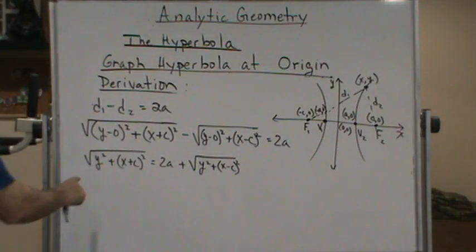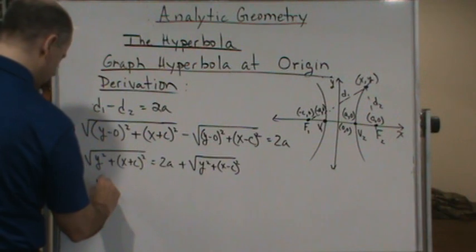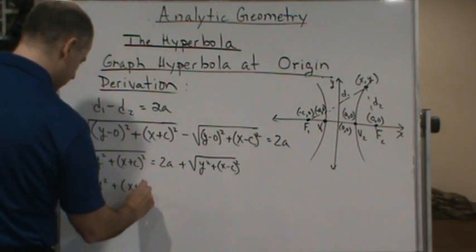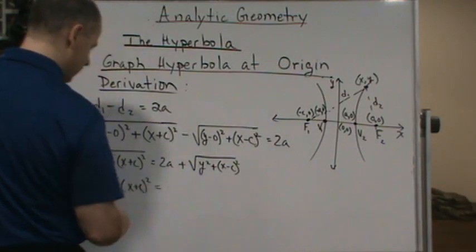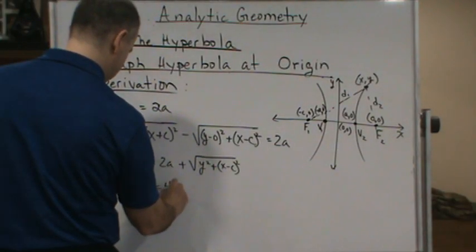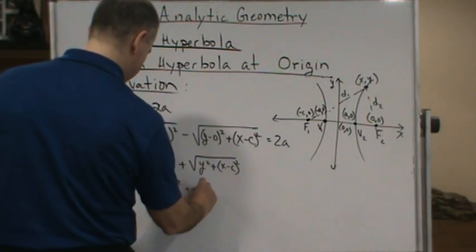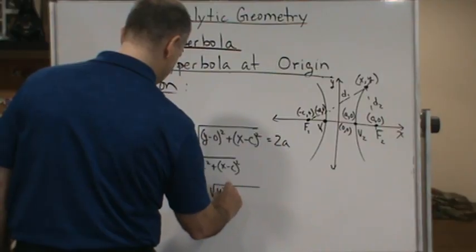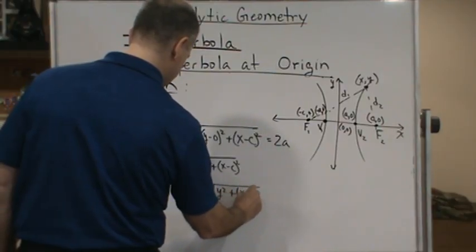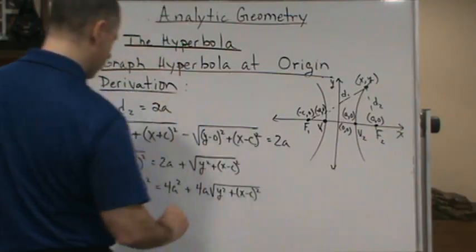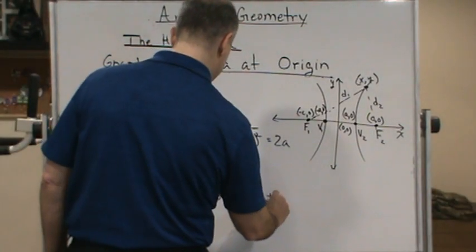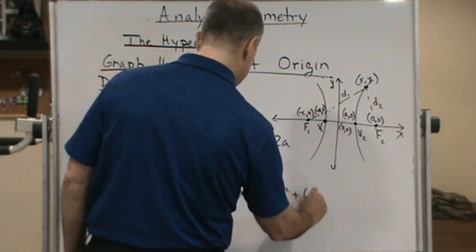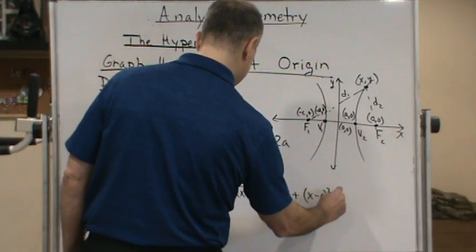Okay, so now I'm going to square both sides, and that's going to give me y squared plus the quantity x plus c squared is equal to 4a squared plus 4a times the square root of y squared plus x minus c quantity squared, plus y squared plus x minus c quantity squared.